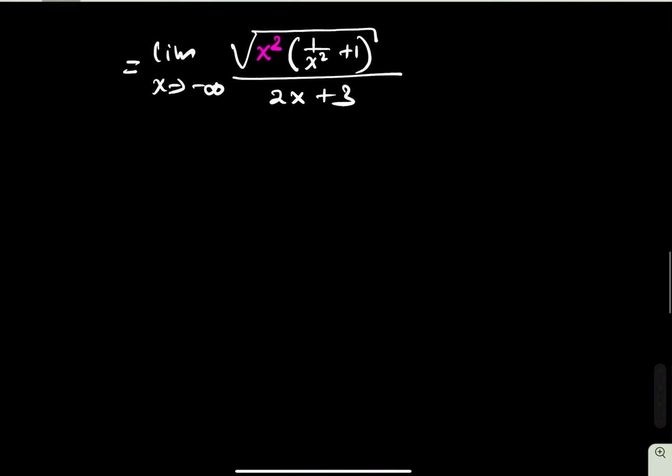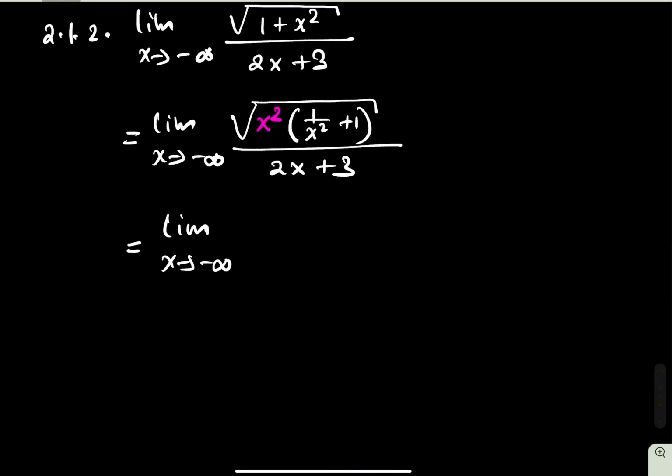Notice that this will boil down to the limit as x goes to negative infinity. If you try to simplify this particular stuff here, I hope you know how to simplify this situation. It's very easy polynomial stuff.